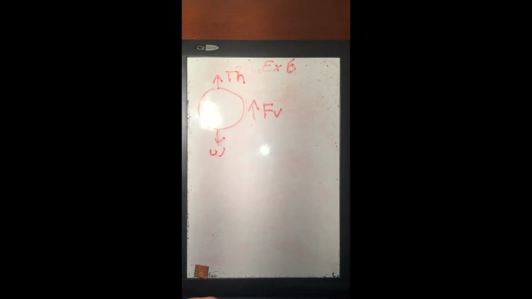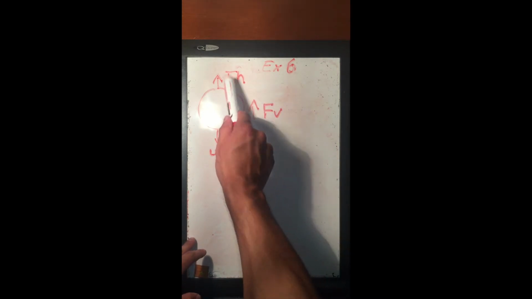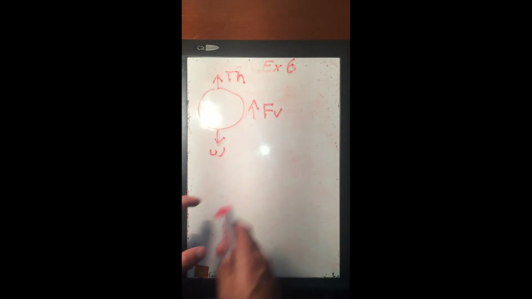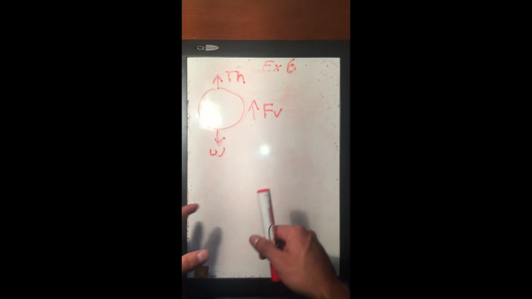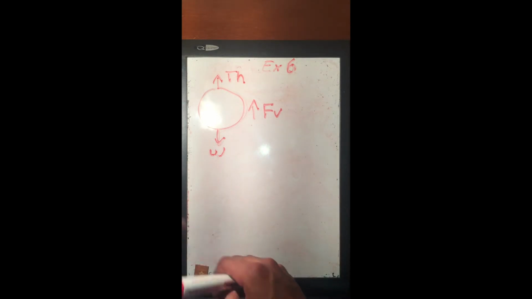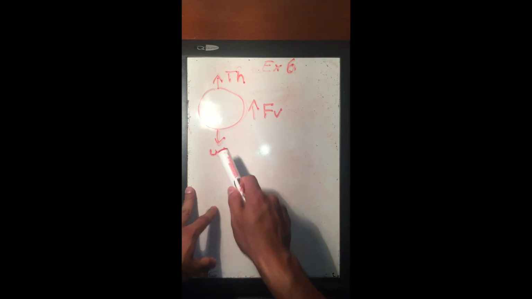Shown by the drawing, we can know that the terminal velocity has upward forces, which are the upthrust and the viscous force. This balances with the downward force, which is the weight.